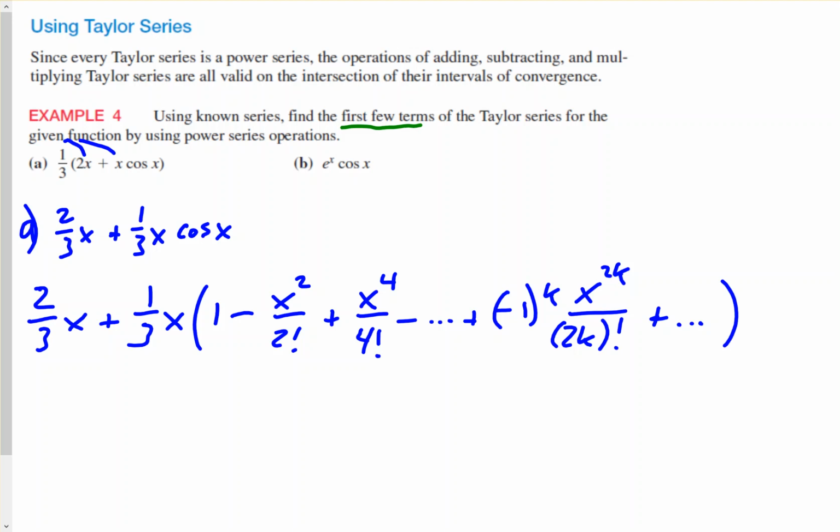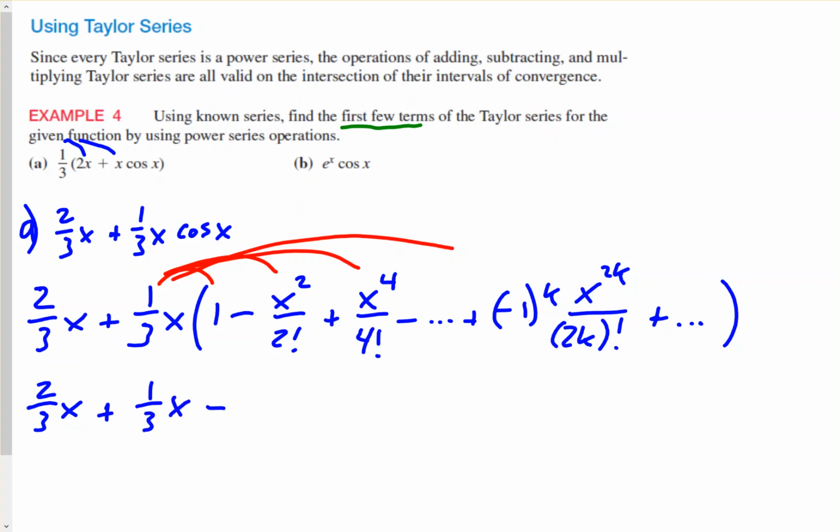Okay, so when we go to simplify this, the 2/3 x, and then we would have plus 1/3 x. So now you're basically going to distribute here, right? So on and so forth. So we have 1/3 x minus the x times x squared is x cubed. So we have x cubed over 3 times 2 factorial.